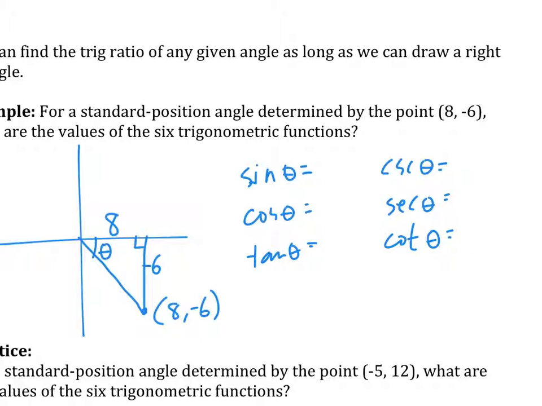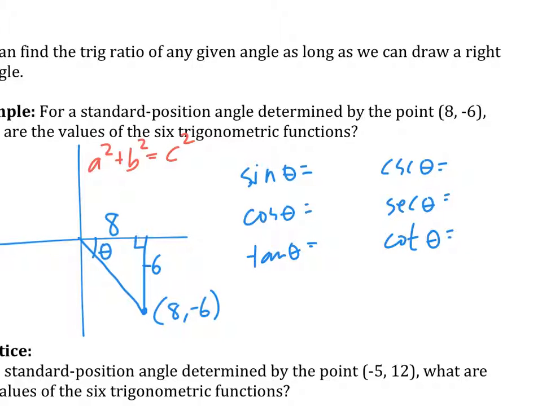All right, let's do sine first. Sine is what side over what side? Opposite over hypotenuse. So from this angle, opposite over, oh no, I don't have a hypotenuse. What should I do? Yes, Pythagorean theorem: a squared plus b squared equals c squared. So we have to find the hypotenuse using the right triangle.